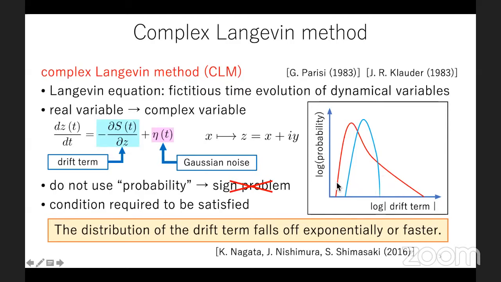However, if the distribution falls off like a power law, like this red line, the given result is not justified. So if we use the complex Langevin method, we have to take care. We have to check this condition to justify the result. So this is the end of the introduction. If you have a question, please ask me.